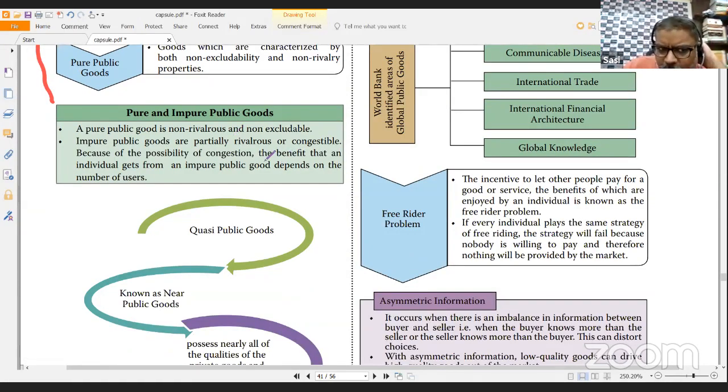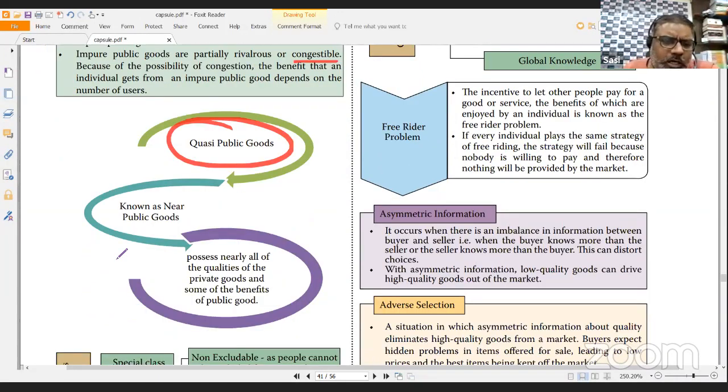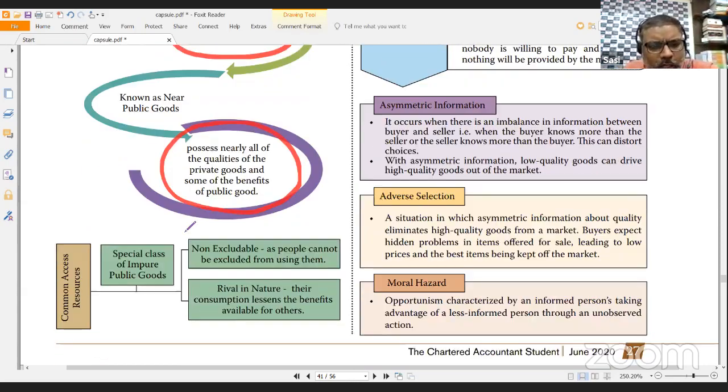There are certain types of impure public goods, wherein there might be some bit of congestion, but they are public goods and they could also sometimes be excludable. So quasi-public goods are public goods which have nearly all the qualities of private goods, but the benefits of a public good are also there.